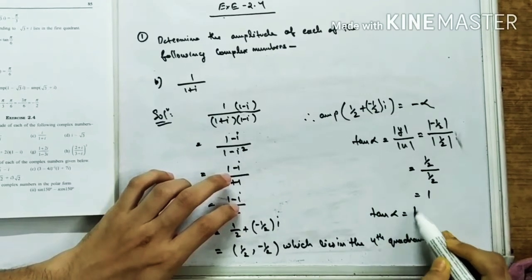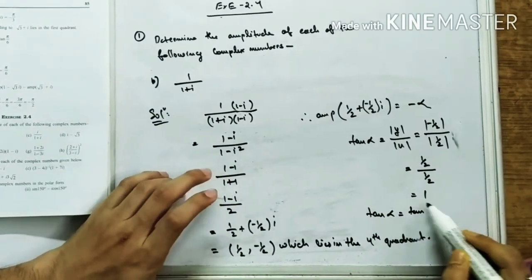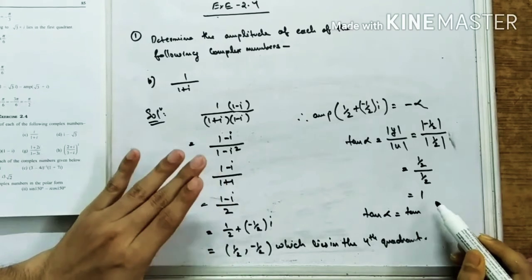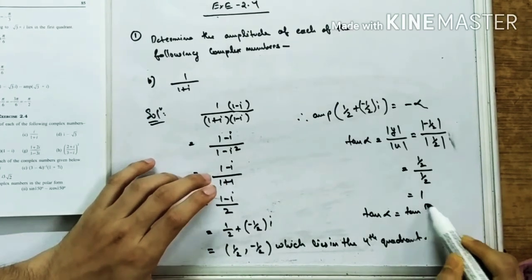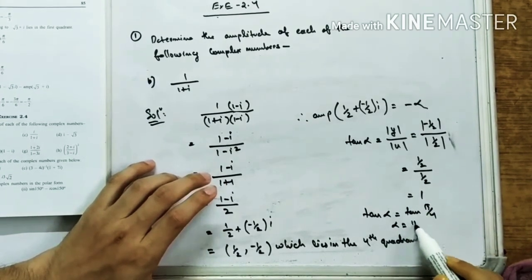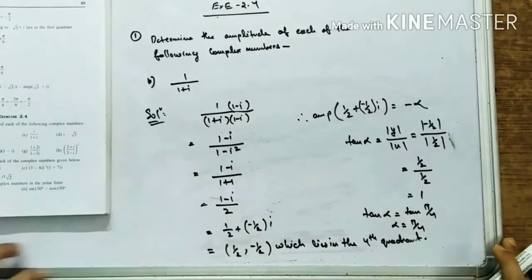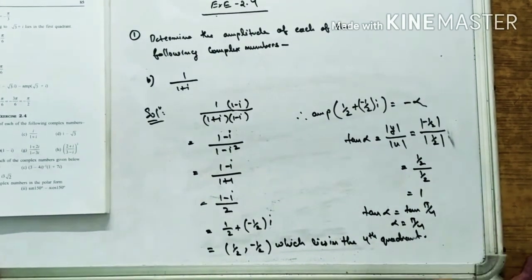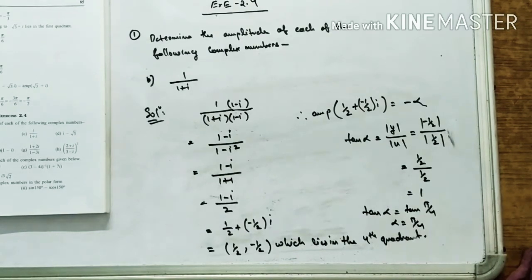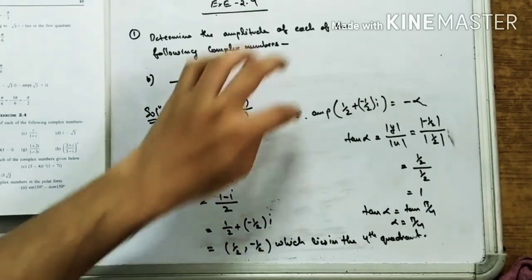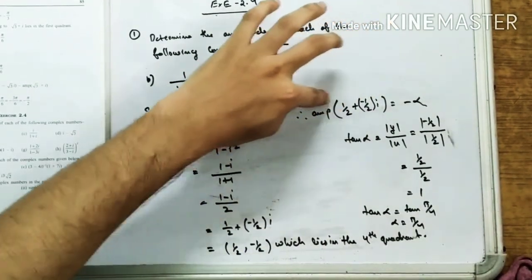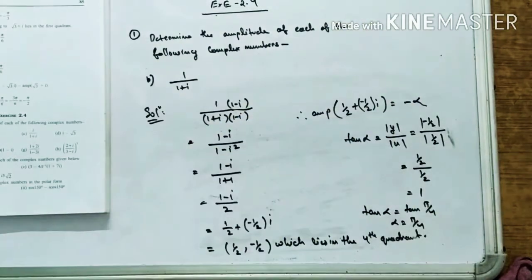So therefore tan alpha equals tan 45 degrees, meaning 1 when it becomes tan 45 degrees. So you can write this as pi by 4. So alpha becomes pi by 4. Okay, so therefore you can say that the amplitude of this complex number is minus alpha.